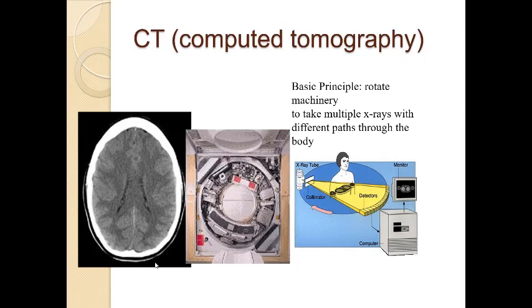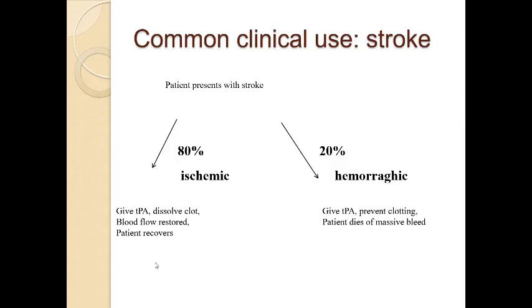The vast majority of strokes, about 80%, are what we call ischemic, and this is when a clot is blocking blood from entering the brain. We have clot busters like TPA that can dissolve the clot, allowing blood to be restored, dramatically reducing the fatality and damage, and dramatically increasing the recovery of the patient.